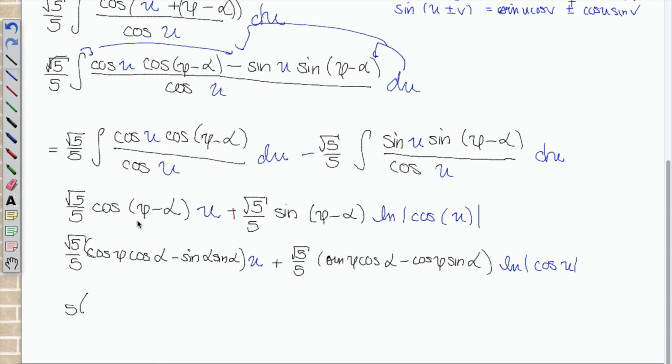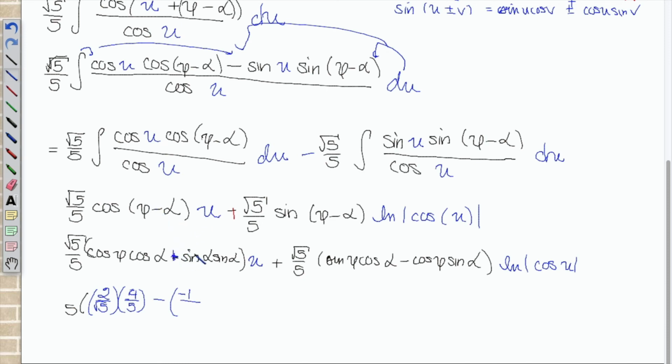And once we plug these numbers in, cosine of phi is 2 divided by square root 5. Cosine of alpha is 4 over 5. Minus negative 1 over, I think that's a plus.